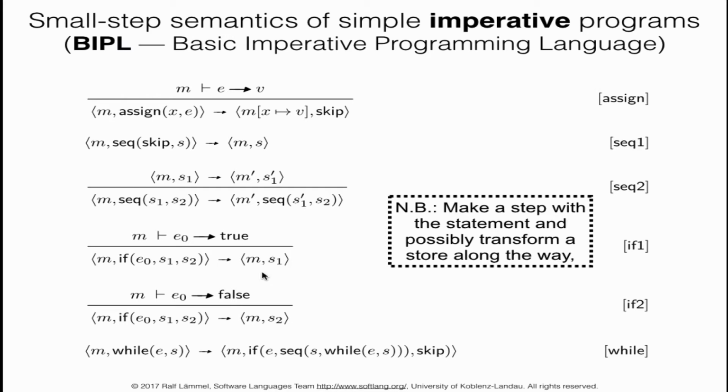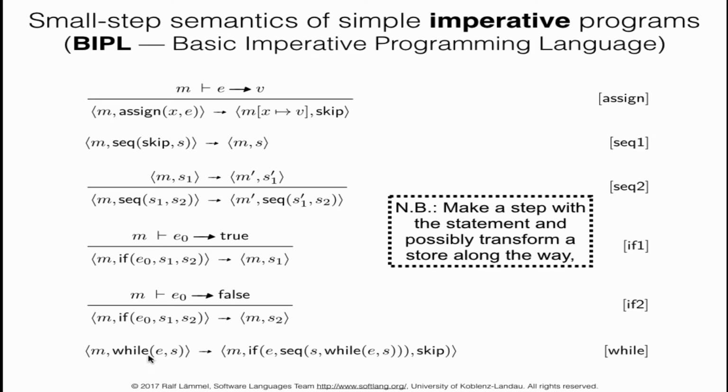There are two cases for if-else statements. Either we can evaluate the condition to true or to false, and depending on that, we return the statement from the then branch or from the else branch as the statement to continue with. In the case of the while statement, we essentially just form this complex if statement here, but we don't really perform any other step.